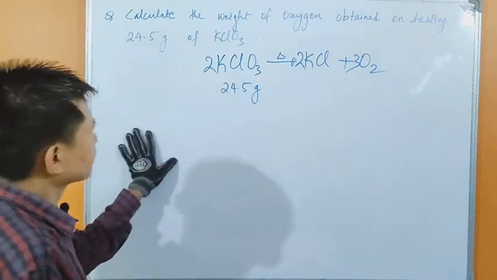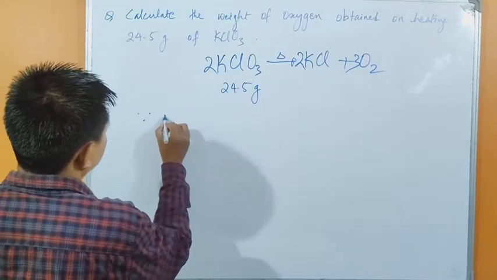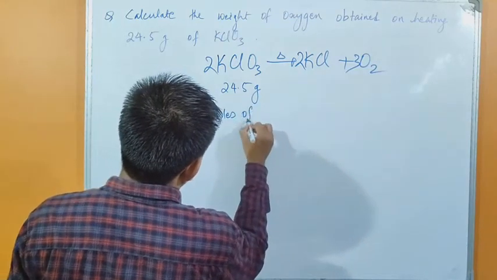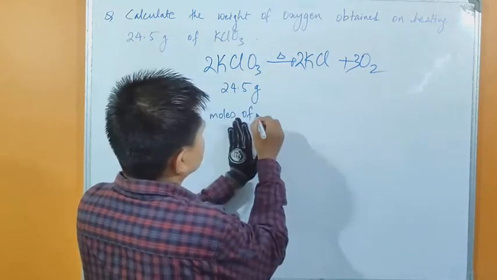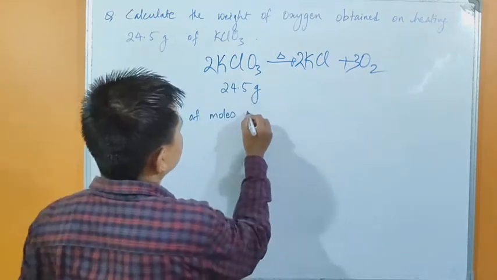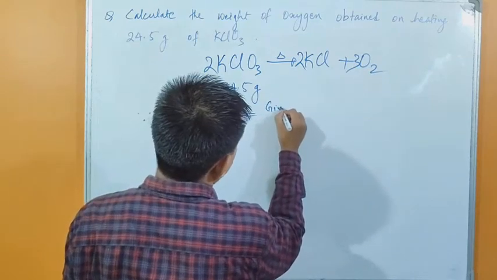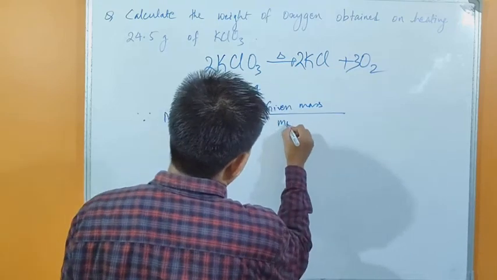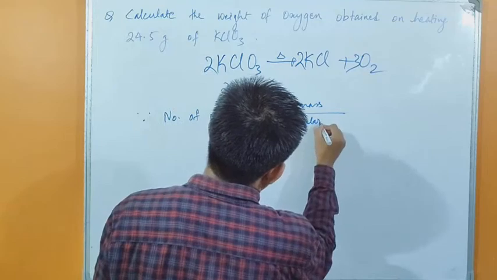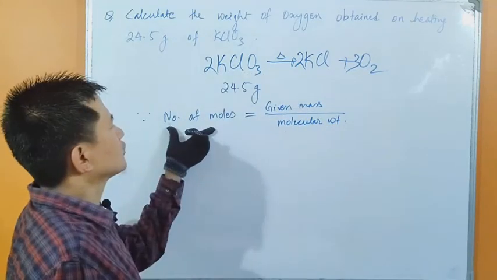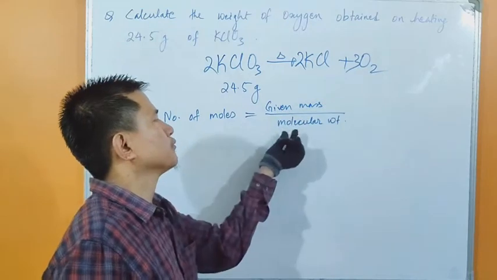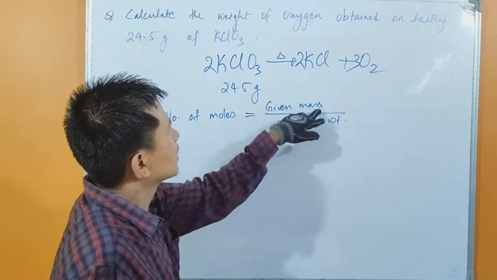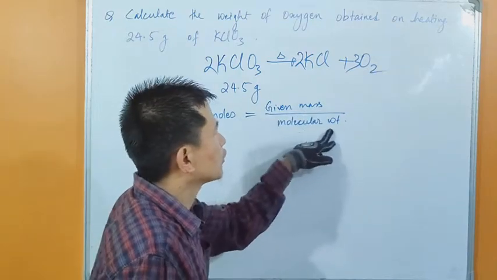Okay, let's begin. Since number of moles equals given mass divided by molecular weight, number of moles of potassium chlorate equals given mass of potassium chlorate divided by molecular weight of potassium chlorate.